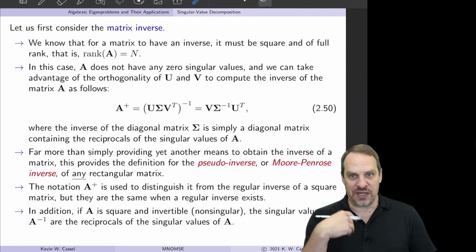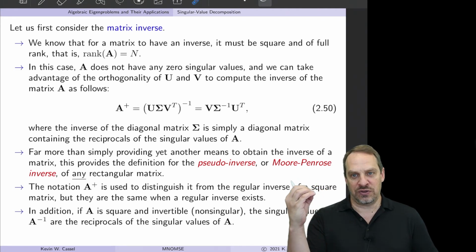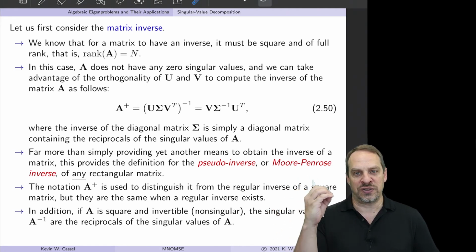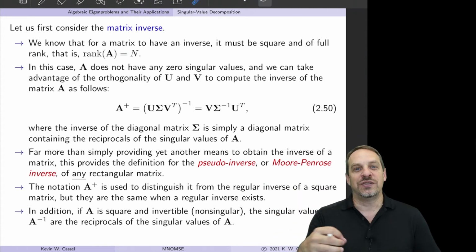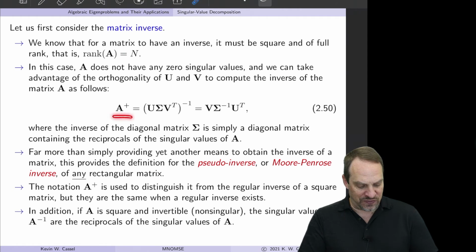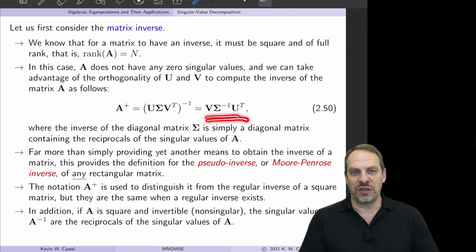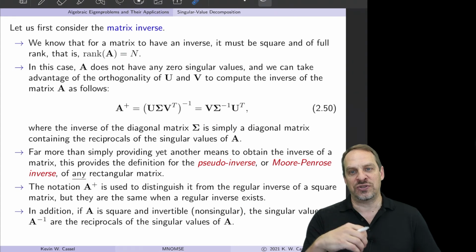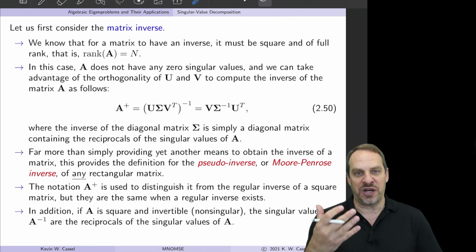And this applies to any matrix. So whereas the inverse itself only applies to square matrices with non-zero determinants and so on, the pseudo-inverse, denoted by A plus, can be written in terms of SVD in this way. And that again applies to any matrix. So now we have, in a sense, a generalization of the inverse that can be applied to any matrix.